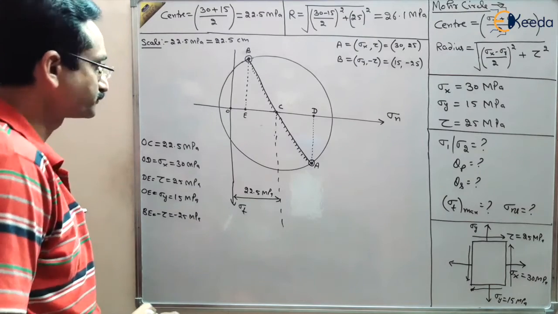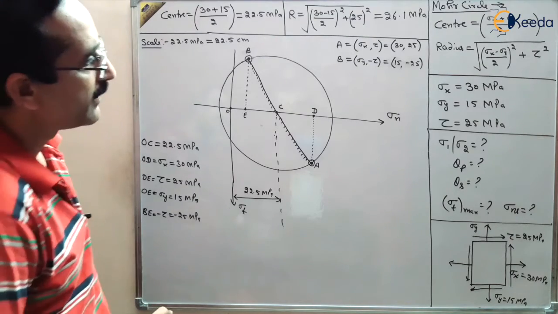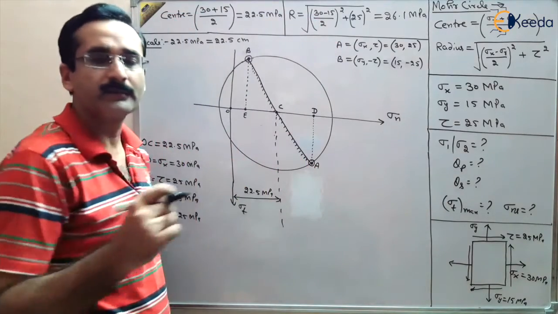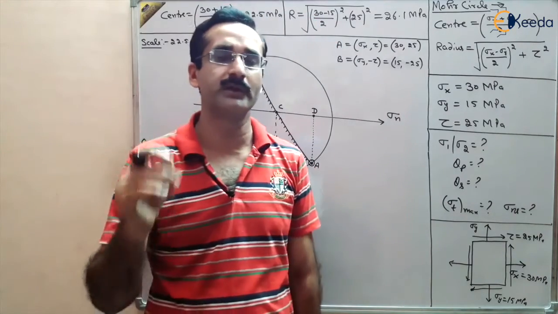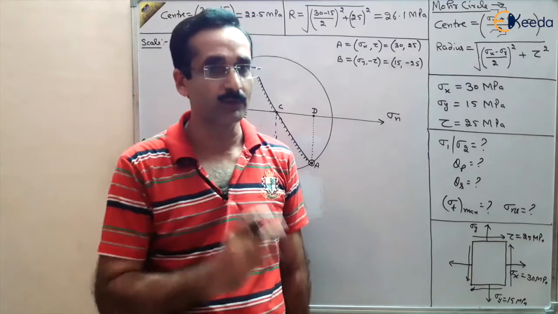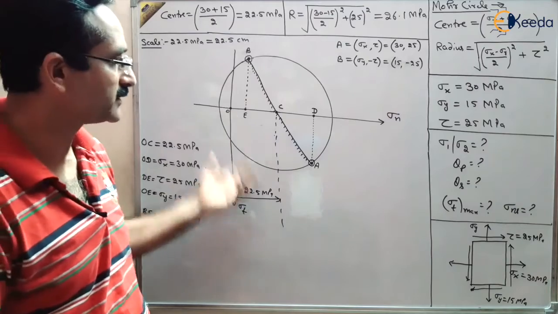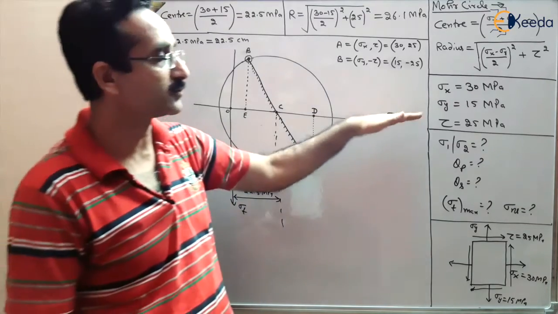Now what else is required? Principal stresses sigma 1 and sigma 2. You know that principal stresses lie on the plane where the shear stress is 0, that is, where the y coordinate is 0 on the x-axis. It means at the sigma n line there is no shear stress.